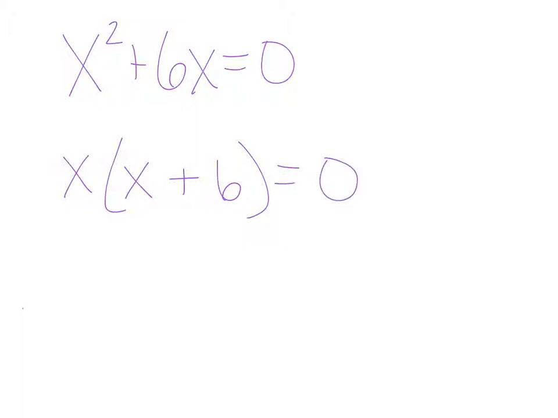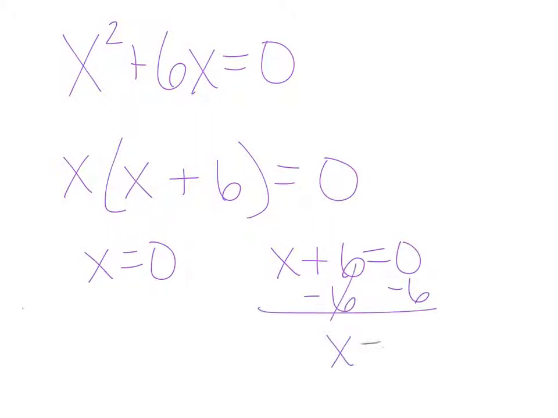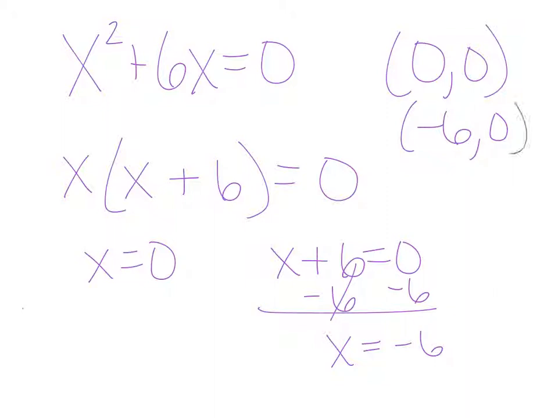And since we factored it out, we can stop here and then take each of our factors and set them equal to 0. So x is equal to 0, and x is going to be equal to negative 6. So our x-intercepts will be 0, 0, and negative 6, comma, 0. So you don't always have to do a diamond and a rectangle to get the factors.